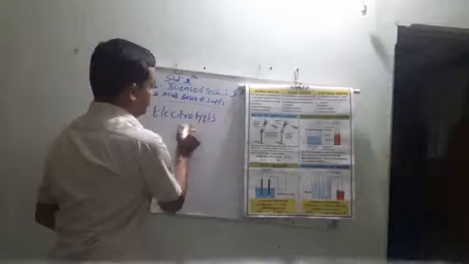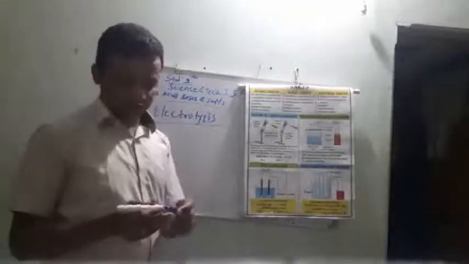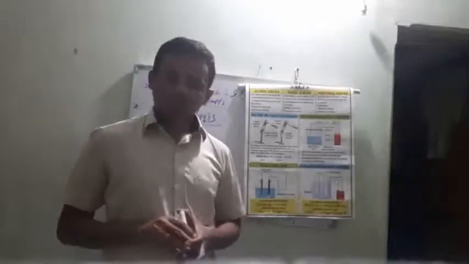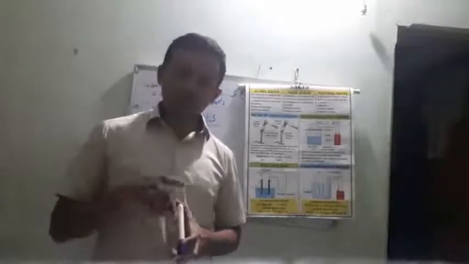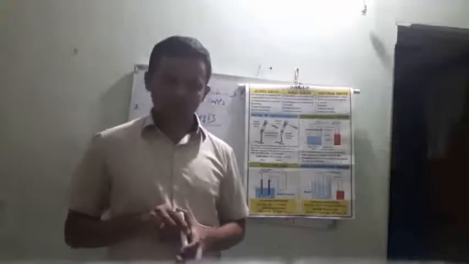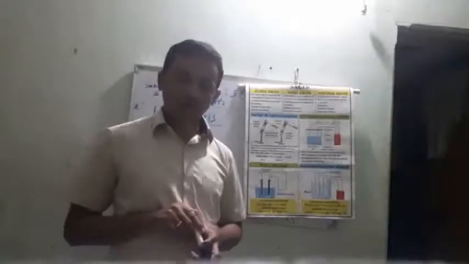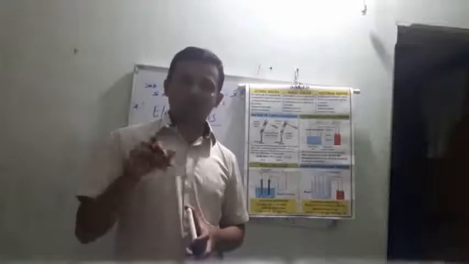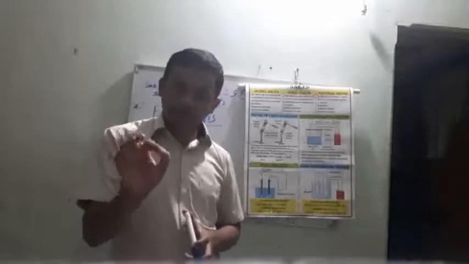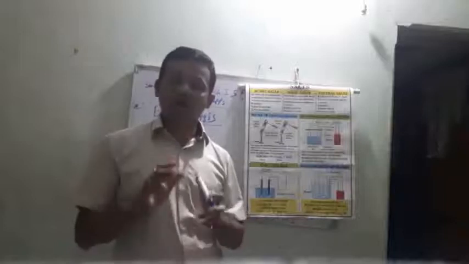Listen, it is necessary for the liquid solutions to have a large number of dissociated ions for electrolysis to take place. That is, for electrolysis, the aqueous solution requires a large number of ions.